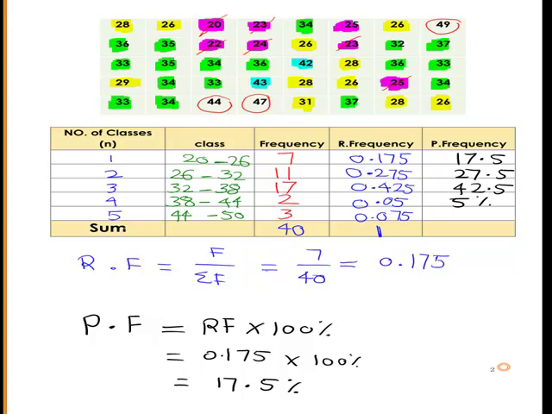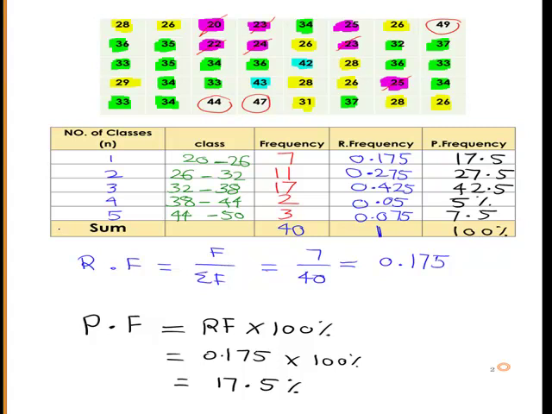And for the last class, the relative frequency is equal to 0.075, so the percent frequency will be equal to 7.5. And if you find the summation of all percent frequencies, you will end with 100%.